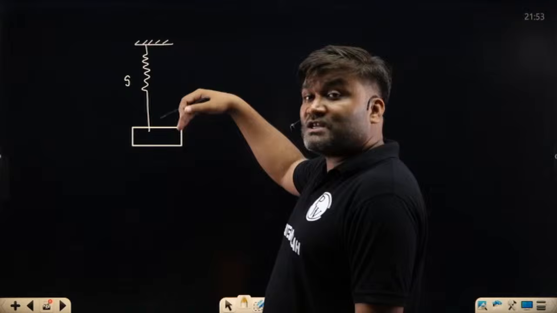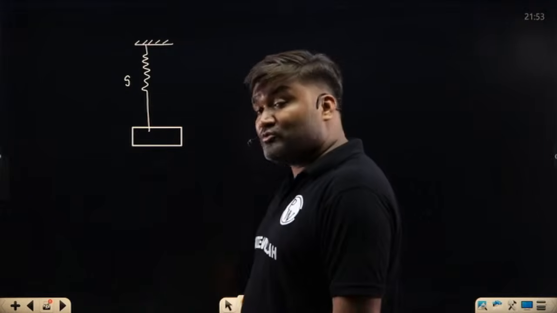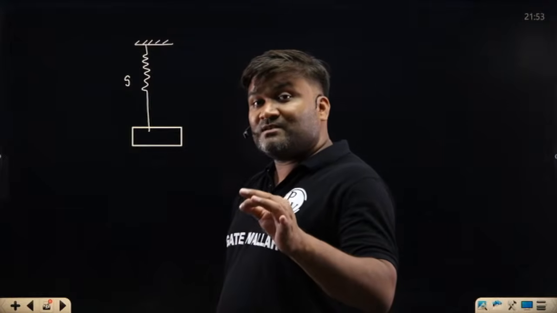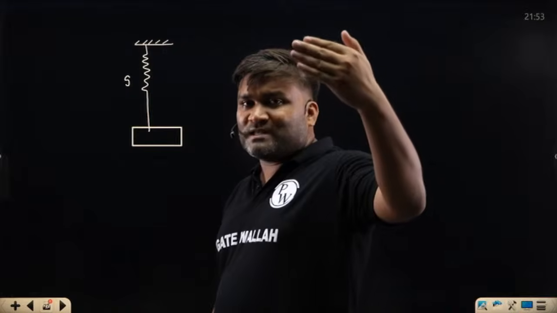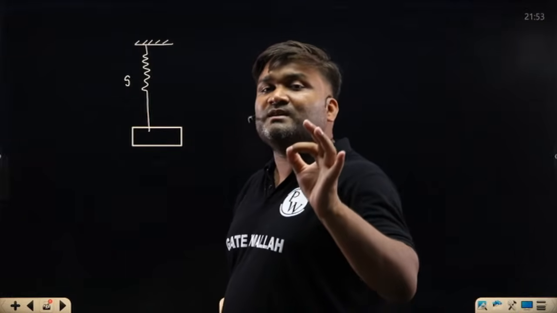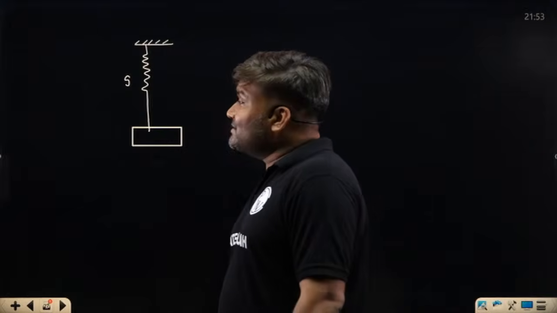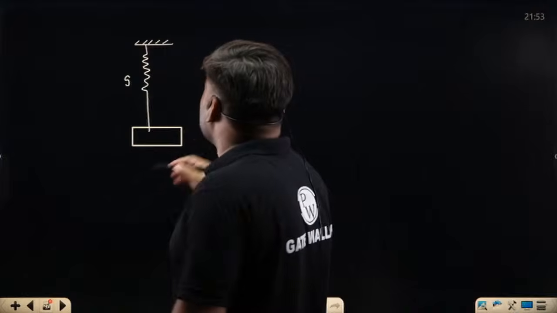How much friction should I provide, at least the minimum, so that the system doesn't vibrate upon disturbing? More than this value, the system will be overdamped. But tell me the least value of the damping coefficient so that the system upon disturbing is not vibrating at all. That's called the critical damping coefficient.